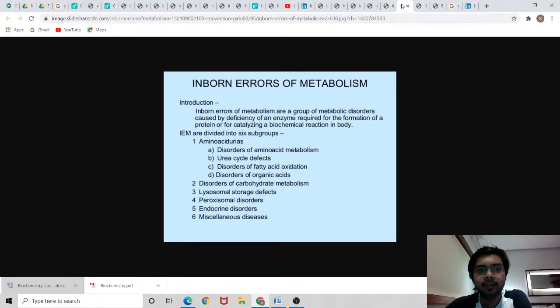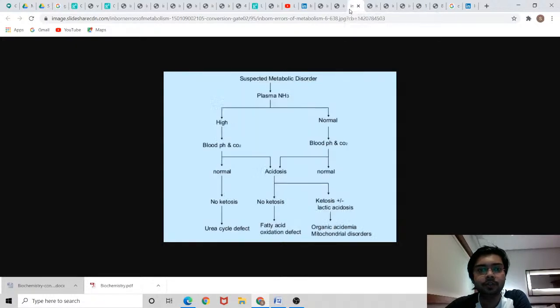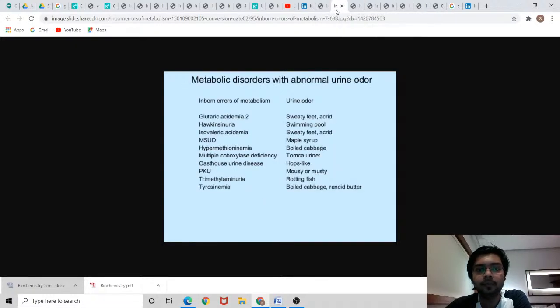Okay, just to revise again, there was one more chart which we will see. One more thing is Hawkinsinuria. In Hawkinsinuria, you will get swimming pool odor. Isovaleric acidemia, you know it is sweaty feet odor. Maple syrup, you know.